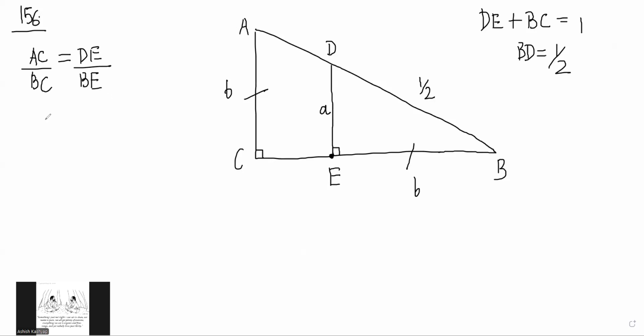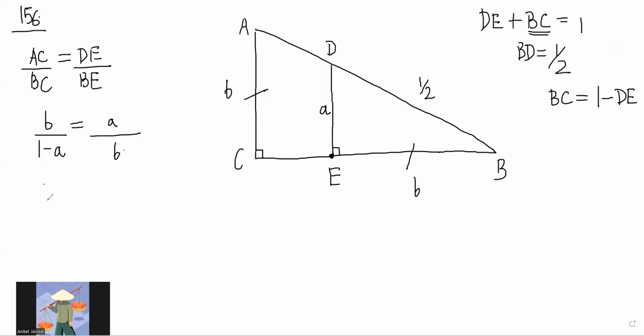So if you see AC is B, BC is 1 minus DE. What is DE? DE is called A. So B by 1 minus A is equal to DE, which is A, by BE, which is B, right?